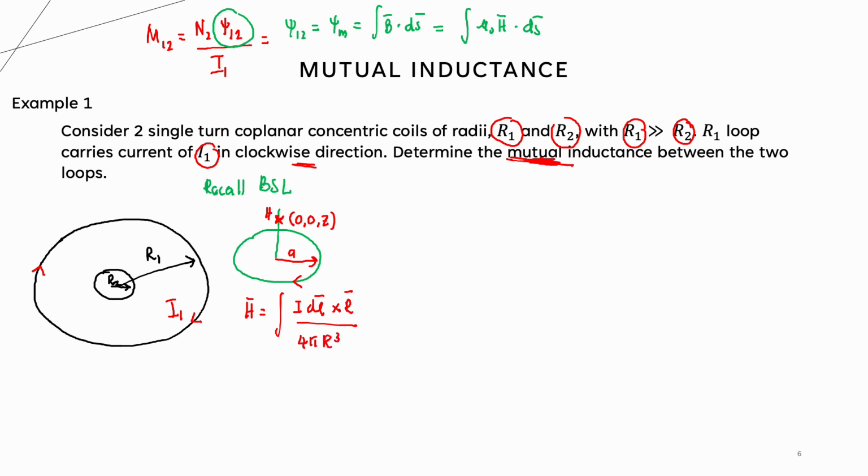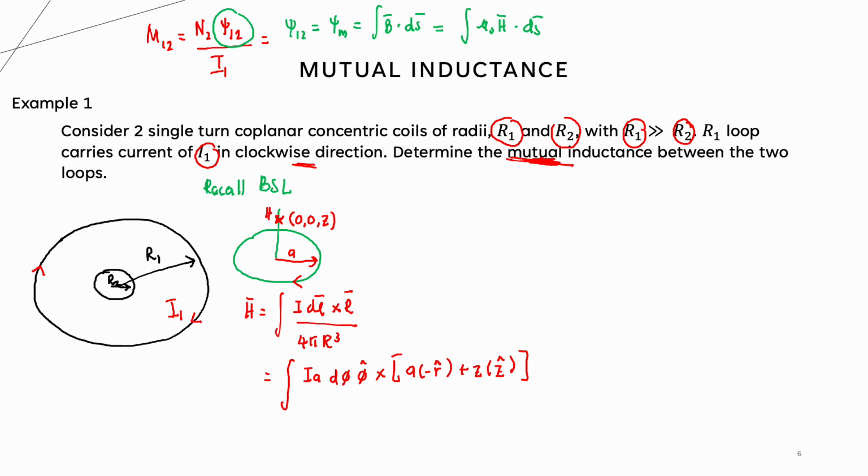Let's recall, I think most of you still remember. The radius is given as a, dl is in the phi direction, and the r vector is a in the negative r direction plus z in the positive z direction.